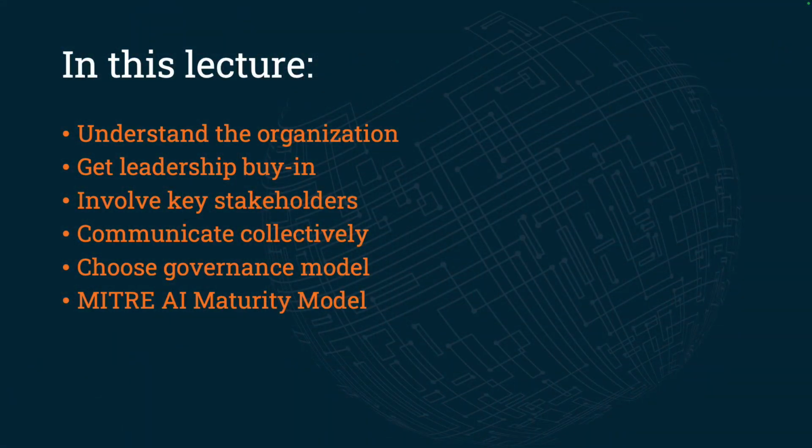In this lecture, we will continue our discussion on standing up an AI governance body. Just a quick note, and I'm pretty sure I've already mentioned this, there is quite a bit of redundancy built into the AIGP curriculum, specifically here in Domain 6.